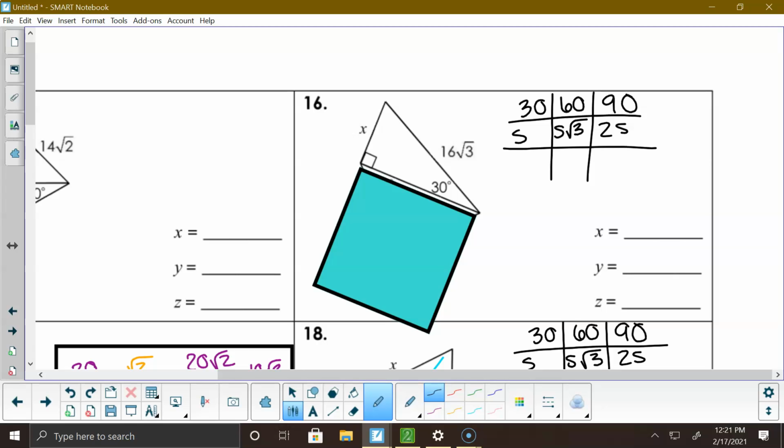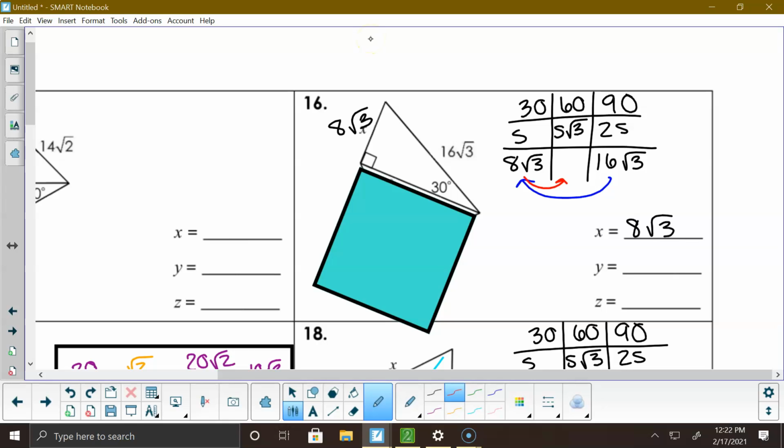So that means 16 root 3 needs to go over here. Get it back to just being a plain old x. Divided by 2. So I get 8 root 3 x. I've got to get it to look like that.